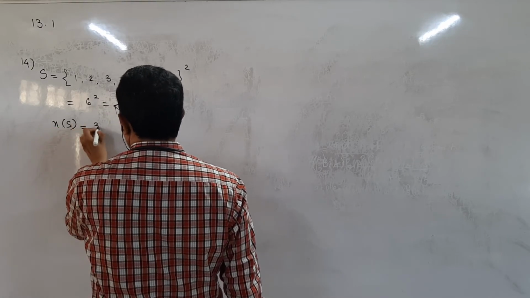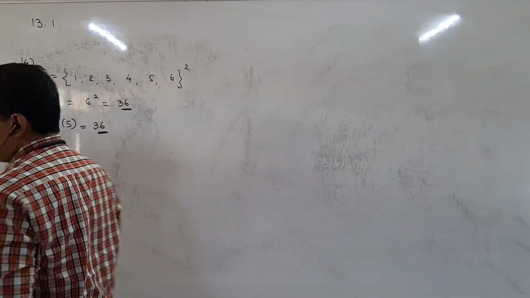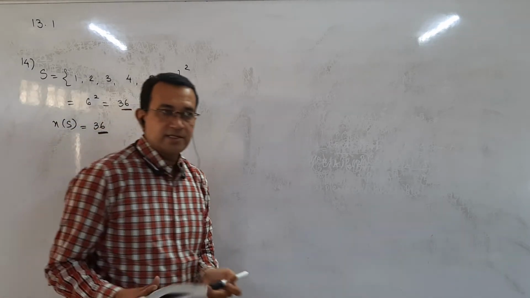So total outcomes of our sample space are 6 square, which is 36.